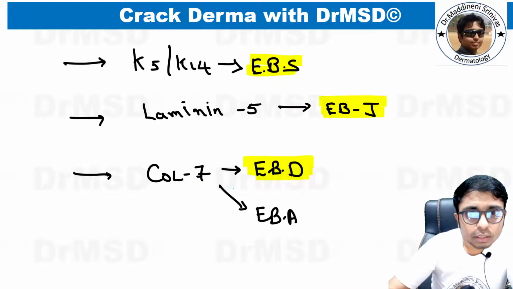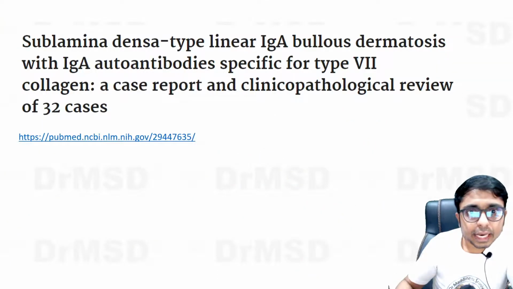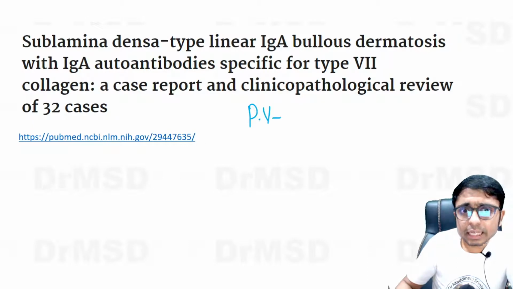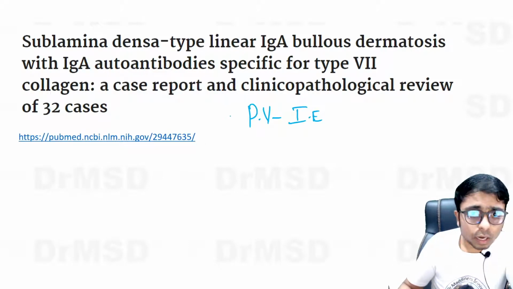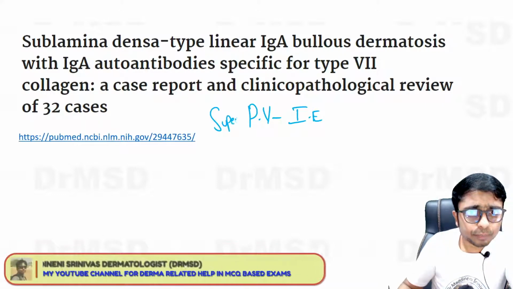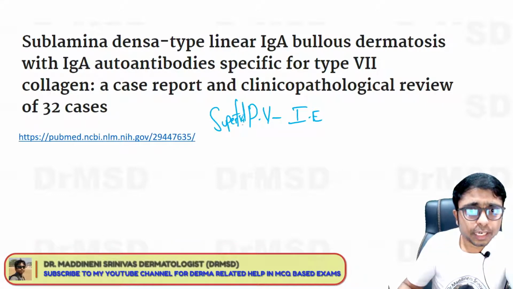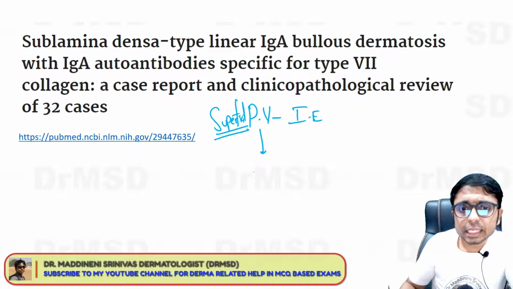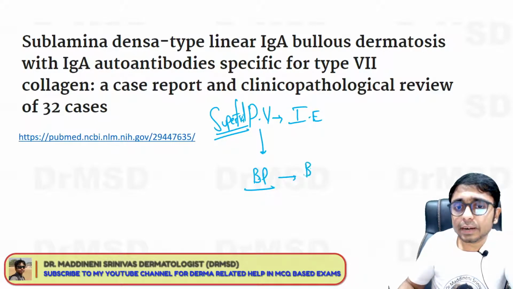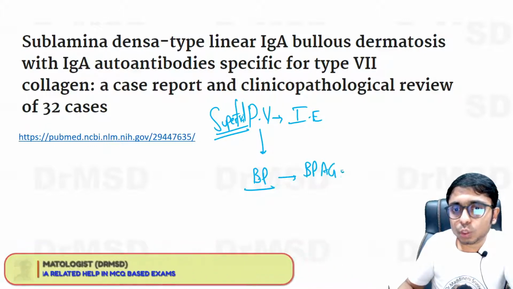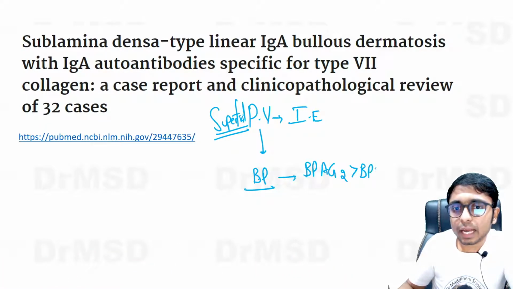Yeah, here I will draw. Okay, pemphigus vulgaris, because it is an intraepidermal blistering disorder, that is going to be the superficial most blistering disorder. The next one is going to be bullous pemphigoid, where there is going to be a defect in the bullous pemphigoid antigen 2 more than bullous pemphigoid antigen 1.